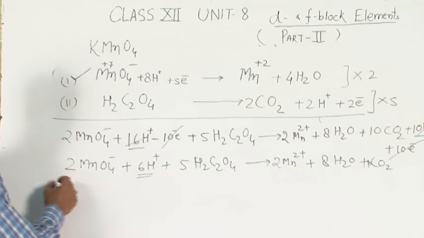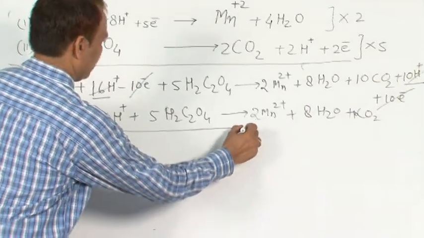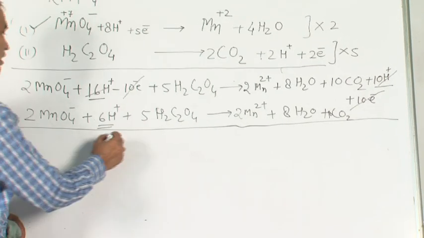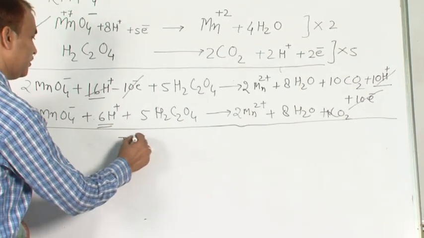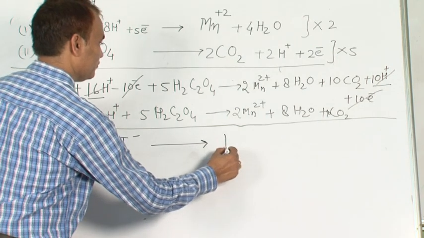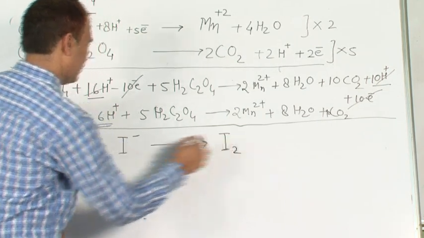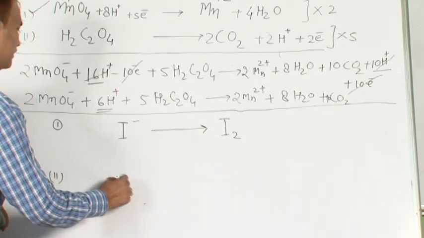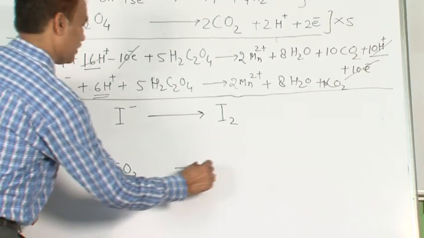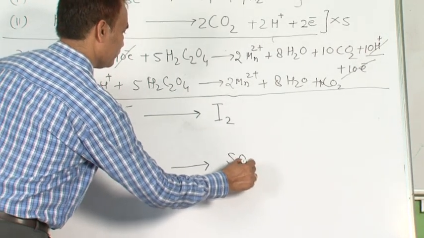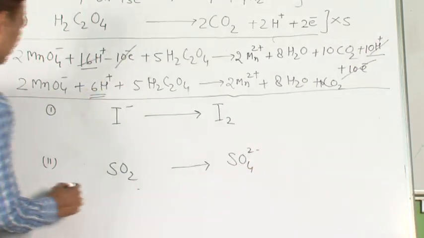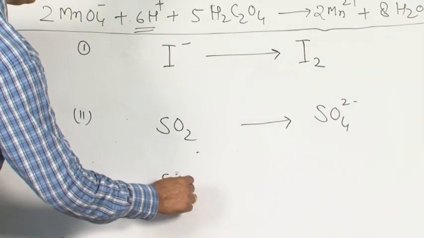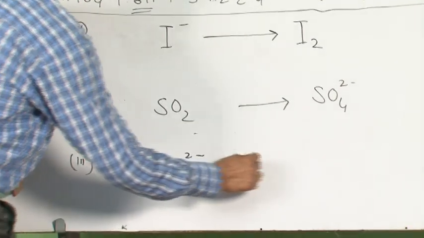For example, potassium permanganate oxidizes iodide ion into iodine. Second one, sulfur dioxide into sulfate ion. Third, sulfide ion into sulfate ion.